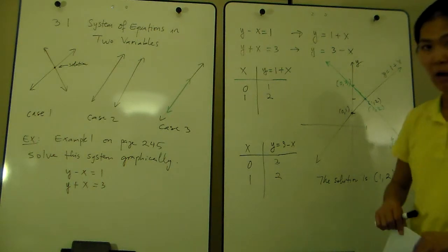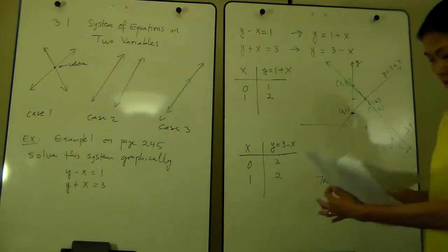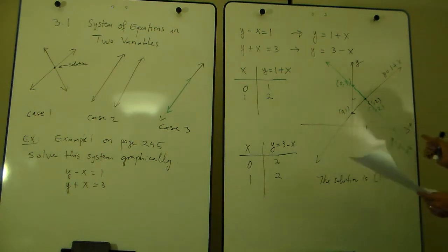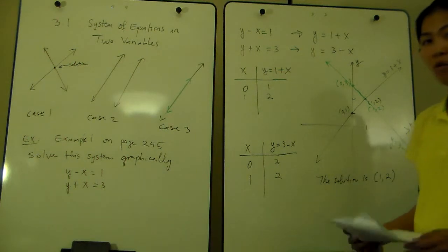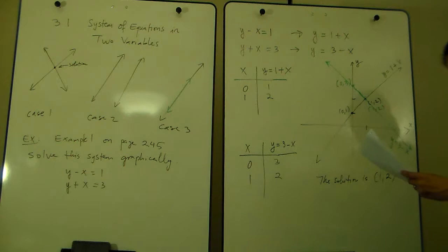On the quiz, I would ask you another question: is this system consistent or inconsistent? In this case, it has at least 1 solution.